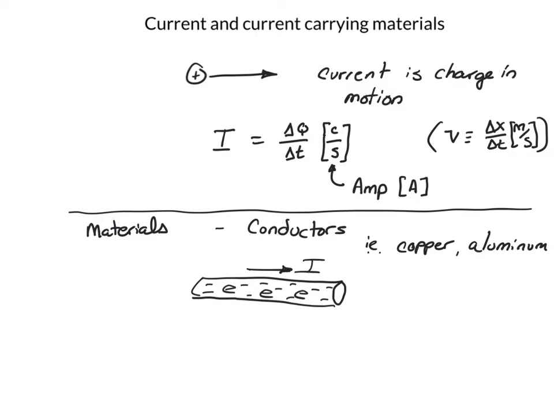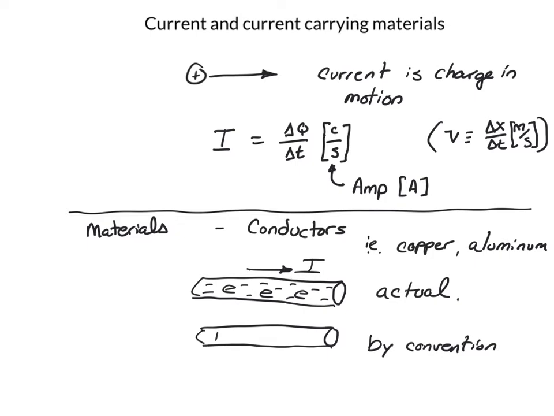Now typically, this is actual, but by convention, we think of current a little bit different, and that is we think of a wire and we think of positive charges moving, and this is what we call positive current.